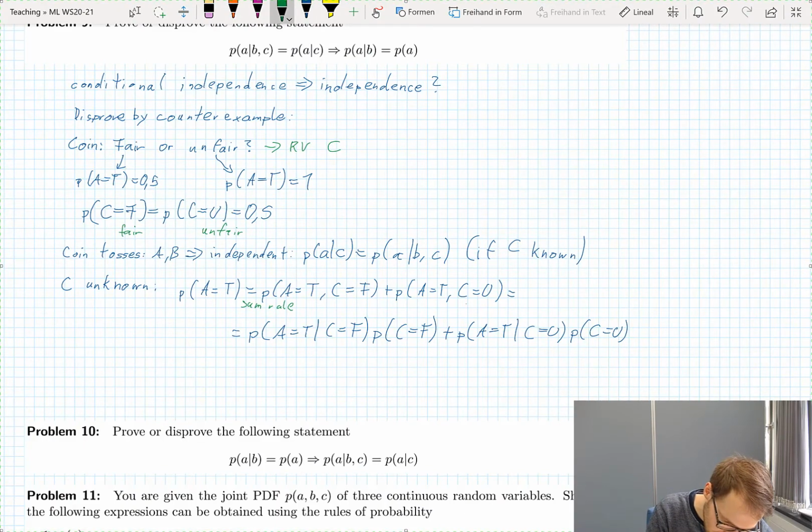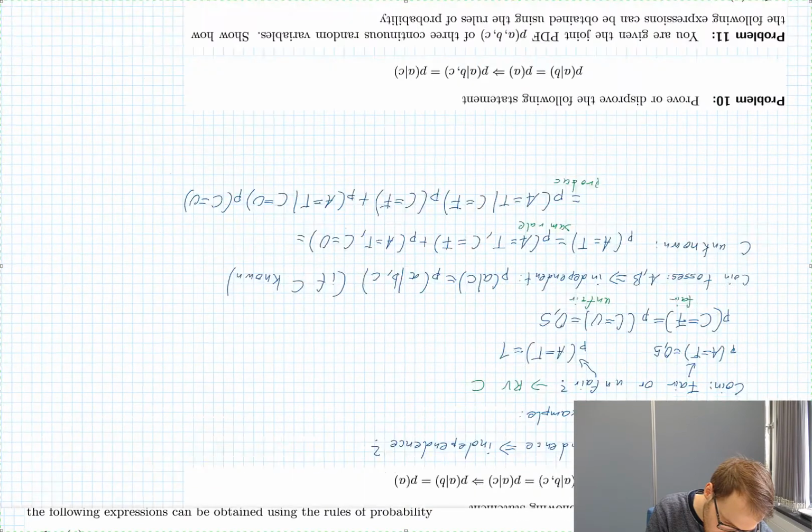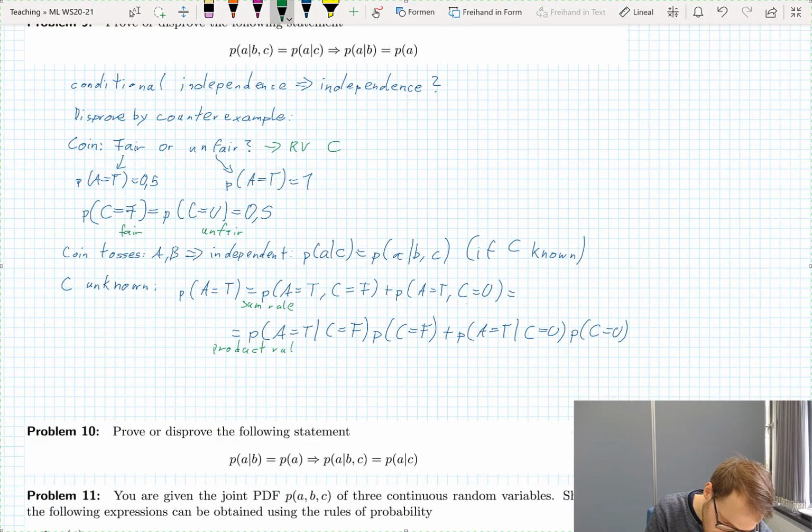And this is the product rule. So these are two basic rules of probability theory. Very useful, very often. Okay. Now this is 3/4 if we plug in all the numbers.